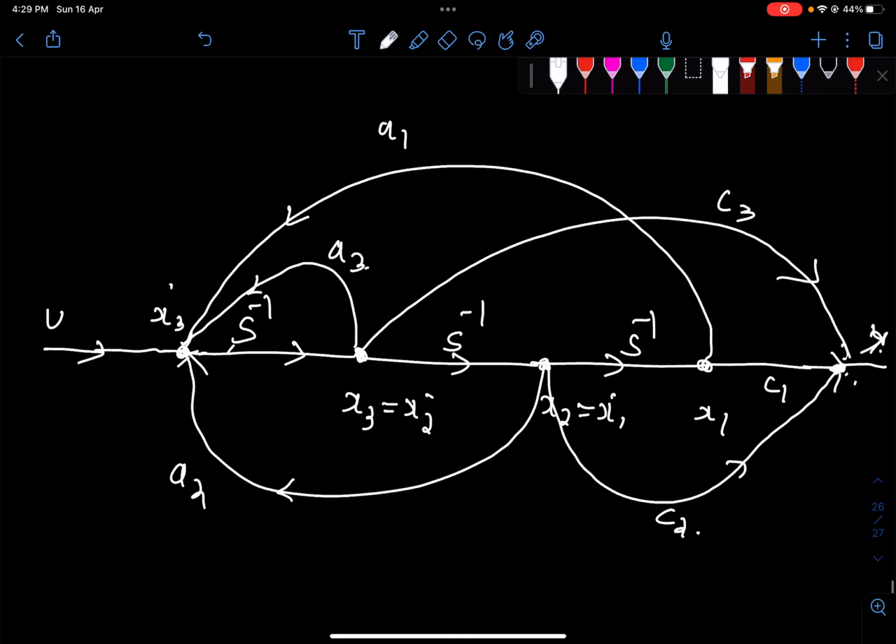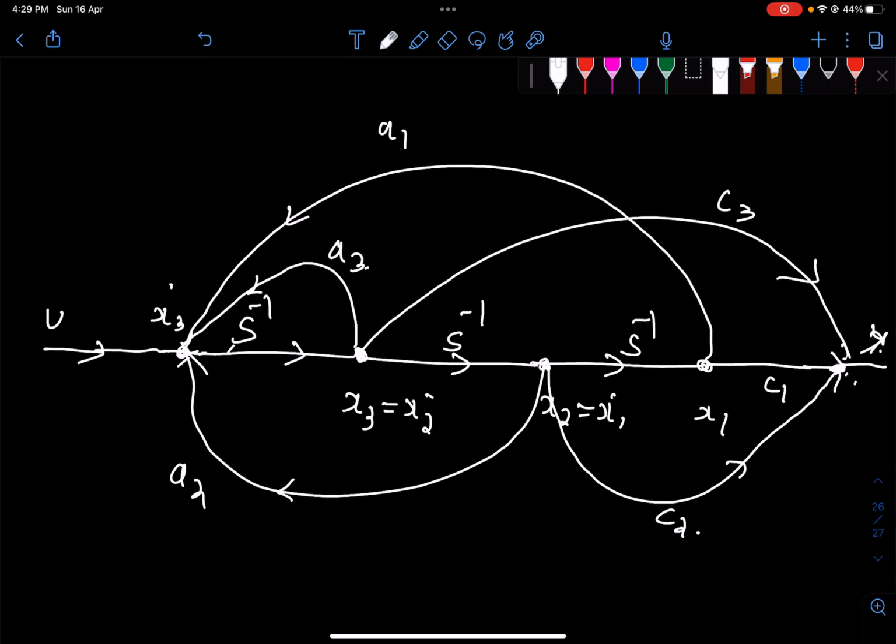This is how we convert from state variables. First we represent everything in state variables, then start with the higher order derivative and go to the lower, and conclude x3 dot, x2 dot and x1 dot. From x3 dot we have a1 times x1, a2 times x2, a3 times x3, plus u. You draw the diagram.